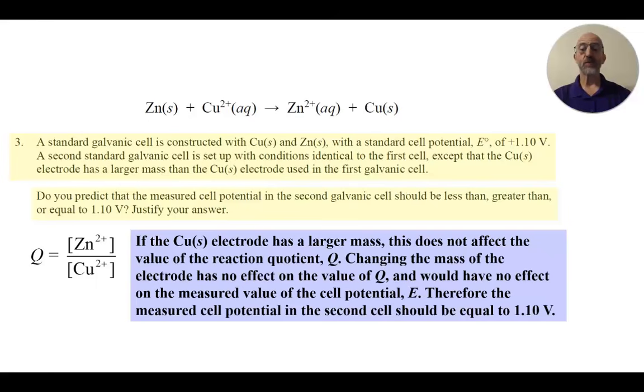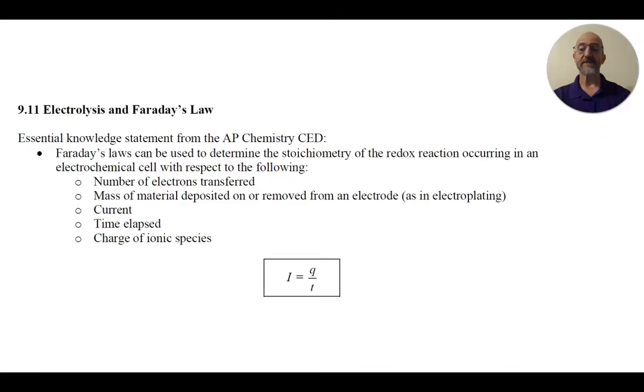All right, well, questions 1, 2, and 3 in this packet dealt with topic 9.10 involving non-standard cells. So now it's time to move on to the review for our last topic in Unit 9, and that's topic 9.11, electrolysis and Faraday's law. Here is an essential knowledge statement from the AP Chemistry course and exam description.